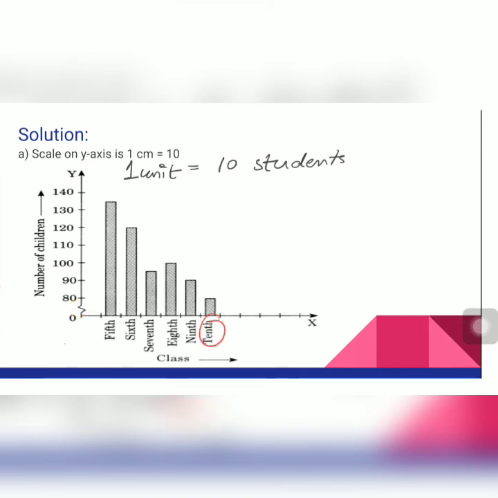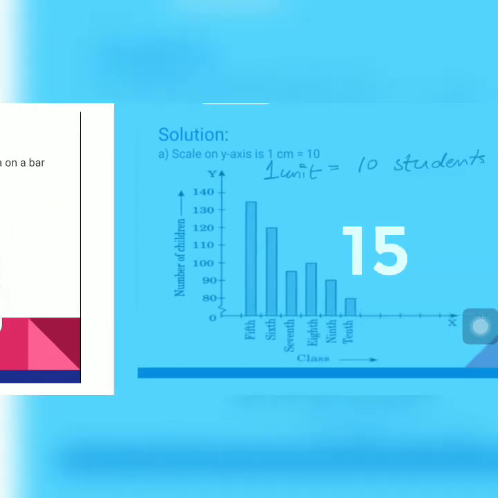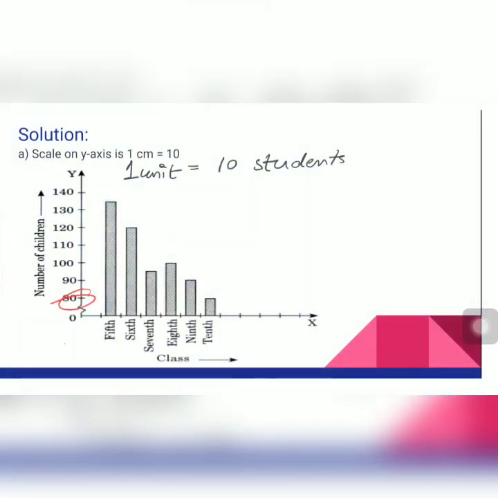So class 10th is having 80 students. We are starting our scale from 80 only, and the values lesser than 80 are included in this kink. So this kink only represents merging the values which are not shown in the scale.